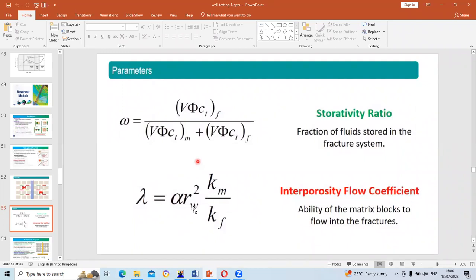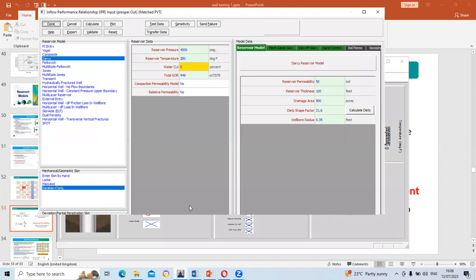And also the interporosity flow coefficient. That's the ability of the fluid to flow from the matrix into the fracture. So we have basically two parameters that will define a dual porosity. So when you're talking about dual porosity, these two key parameters have to come in before you can define that.